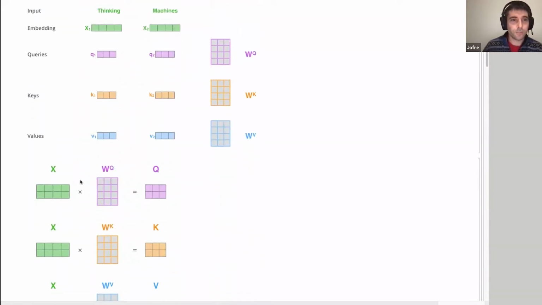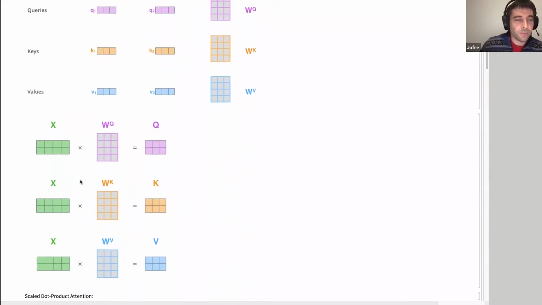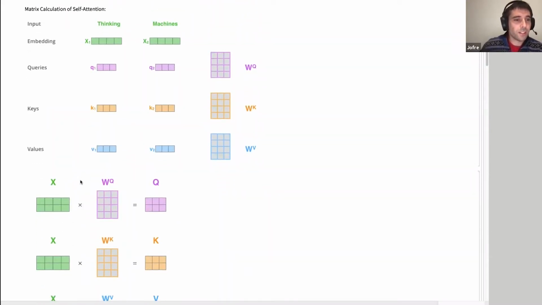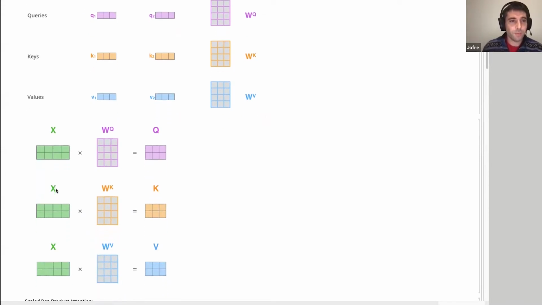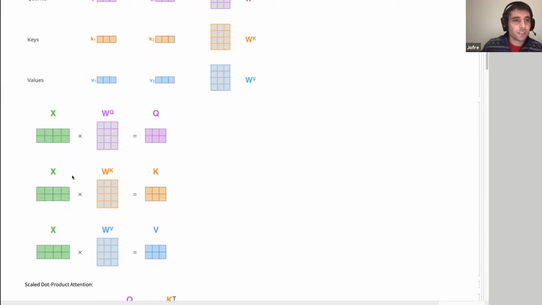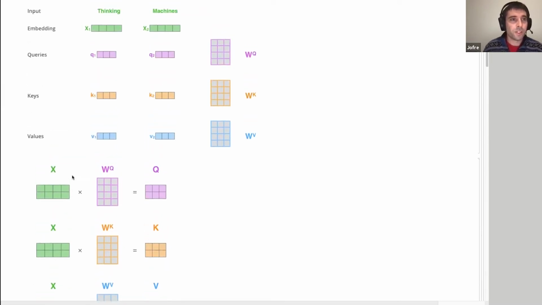you would have this way of representing the input as these vectors, and then multiply them with different matrices that are an abstraction of queries, keys, and values.